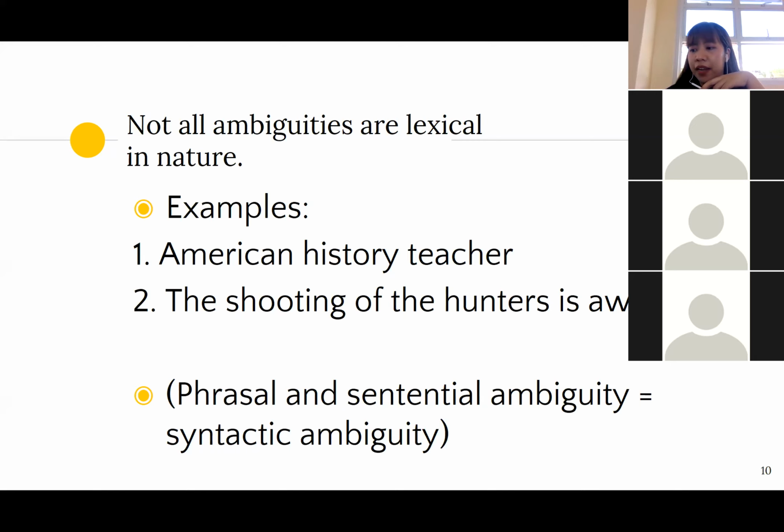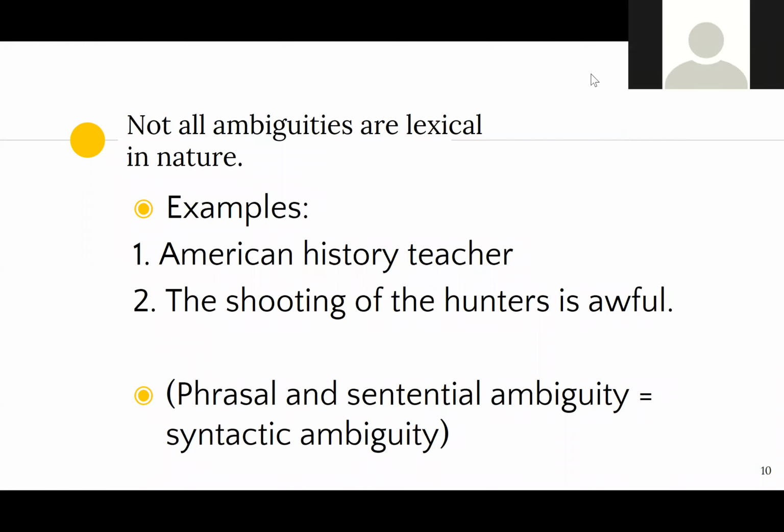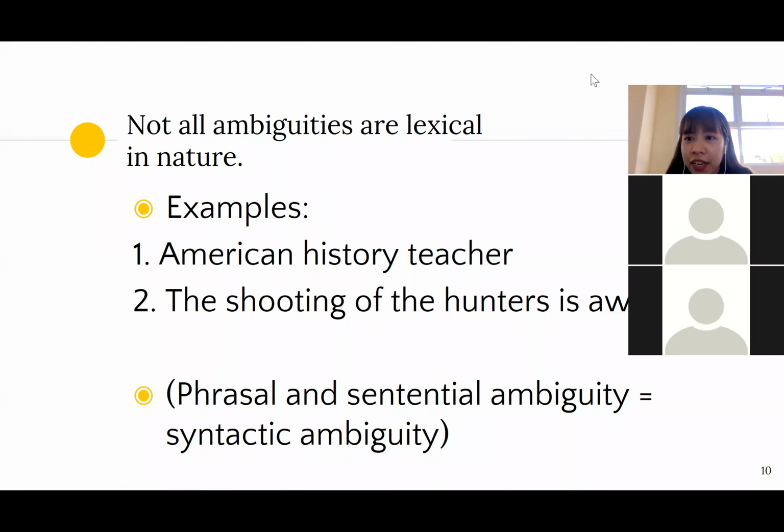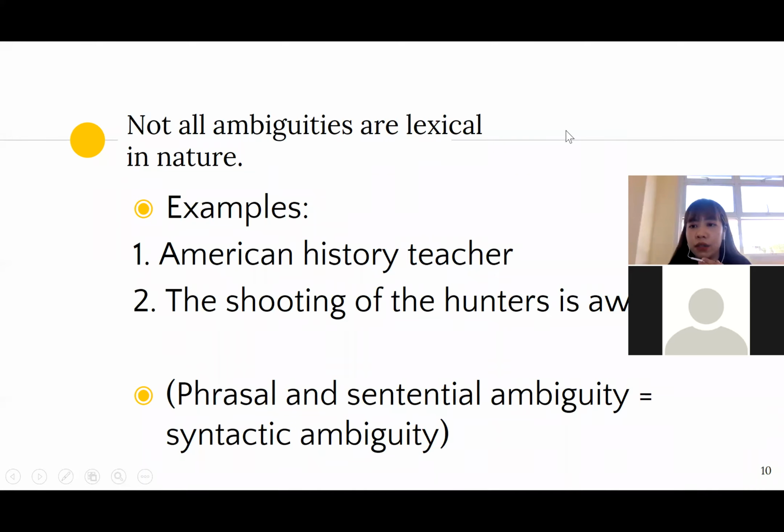Same ba with Mr. Michael ang interpretations nyo? The same lang? Yes, Miss. Okay, sige. Okay, si Leo. Leo also raised his hand. Sige, Leo muna and then Lidlin.